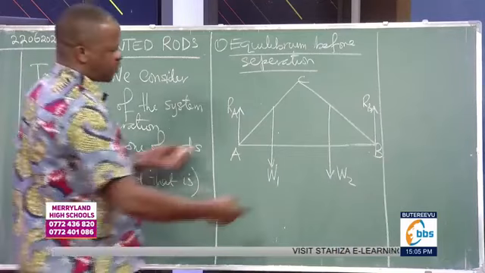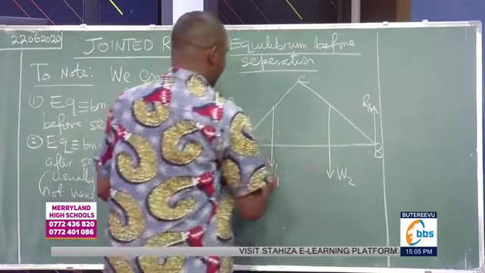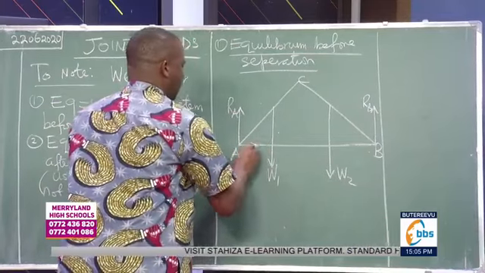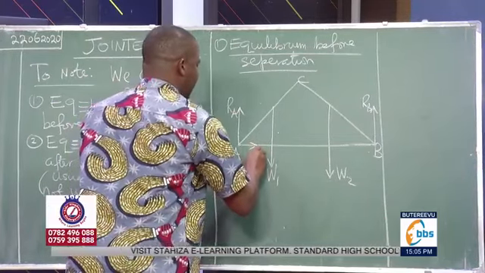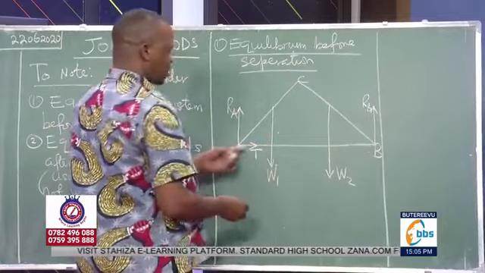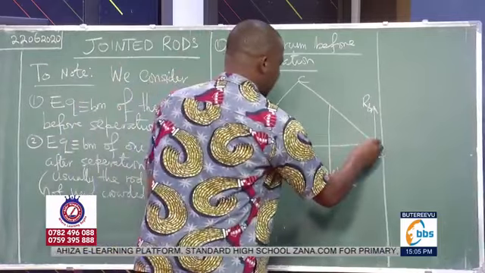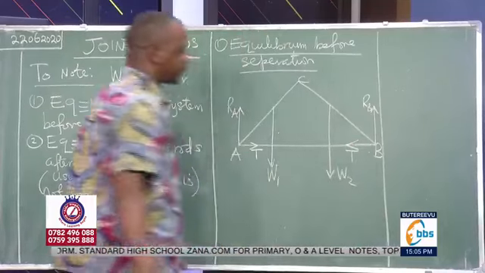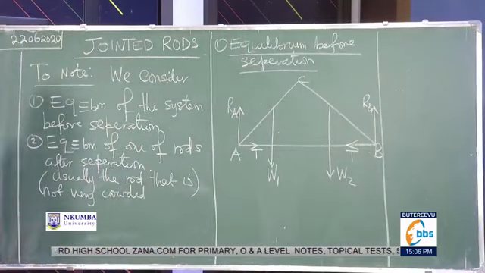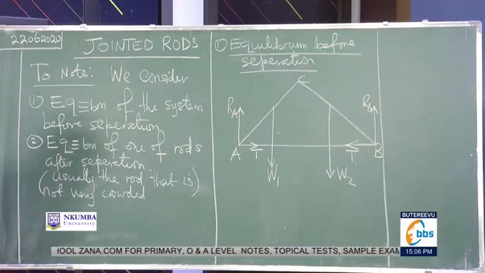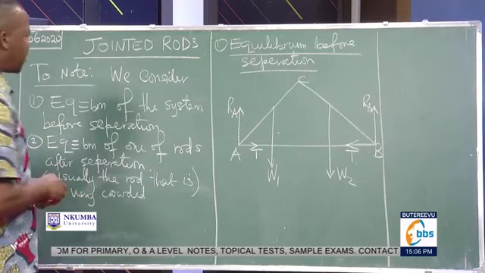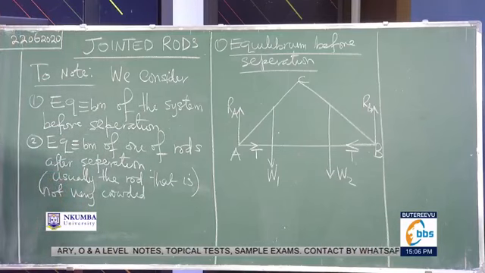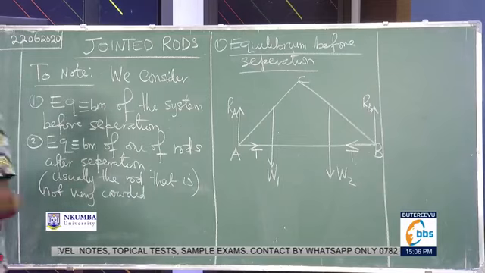And because we have said this is a string, AB, we will have the tension that develops when the string joins the points A and B from both sides. That shows the forces that will act on the system when we have not separated them.